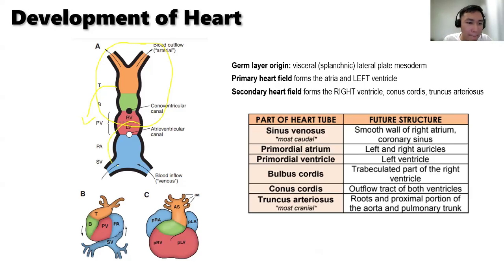Meanwhile, itong mga nasa inferior portion, maglo-loop siya dorsally to the left and posterior and cranially, so paakyat. So, yan yung mangyayari. Tingnan nyo, paganyan and paganyan, and eventually you will now have this structure right here, which is quite correct na yung orientation. You have your right ventricle here, left ventricle here, right atrium here, and left atrium here. Okay?